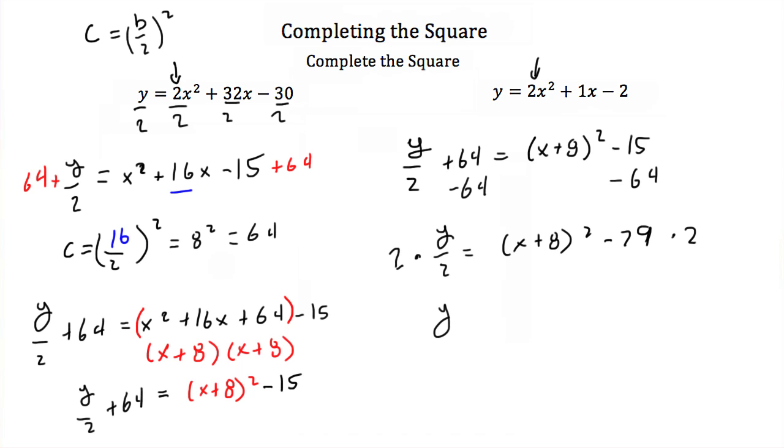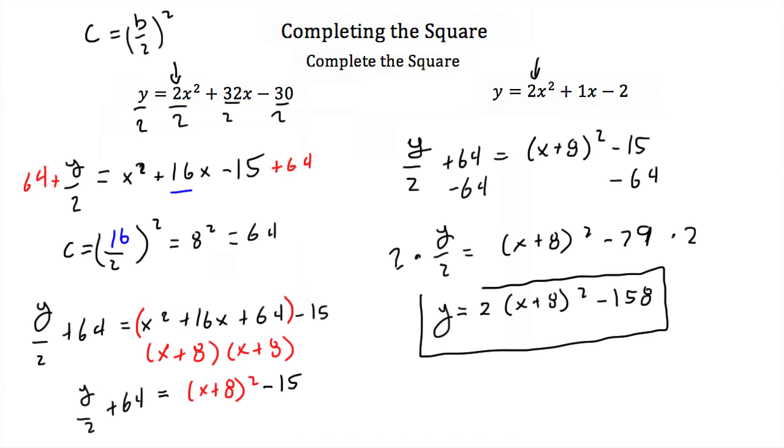So we'll get y is equal to 2 times (x plus 8) squared minus 158. So here is the factored form of y is equal to 2x squared plus 32x minus 30.